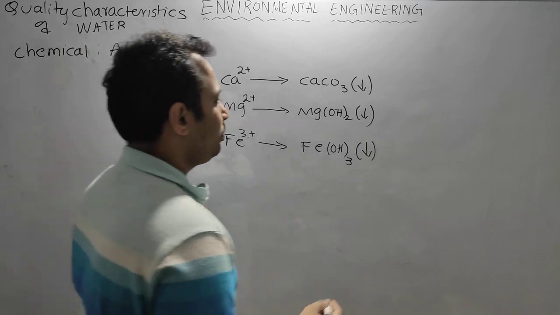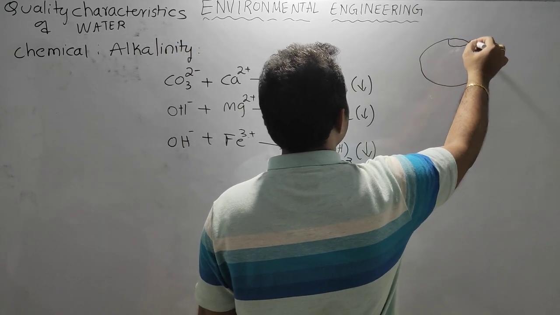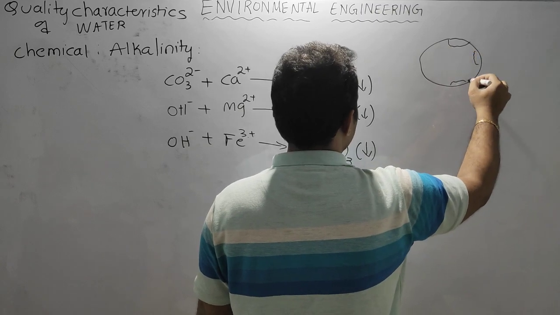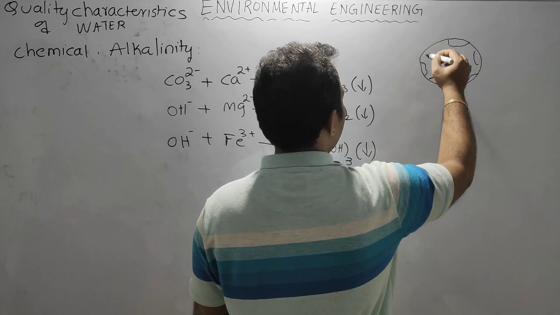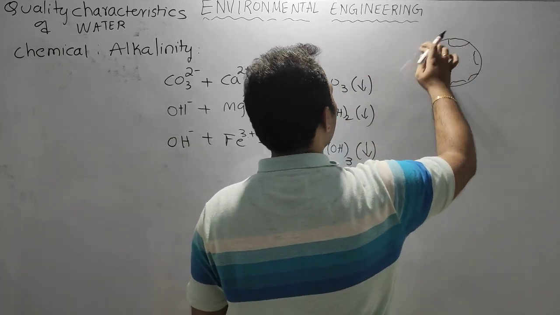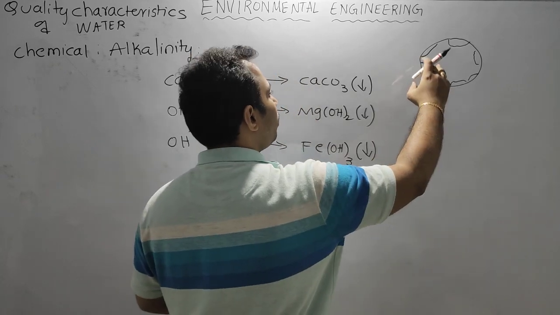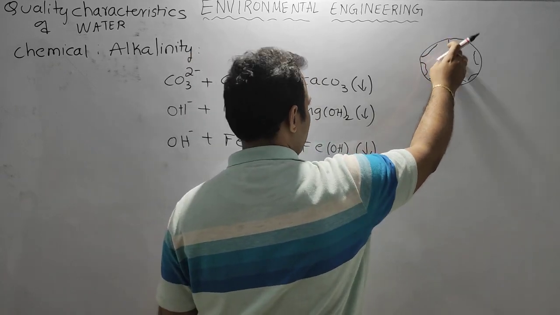These precipitates in a distribution network, if this is a pipe, will form a kind of incrustation, that is scaling, so the aperture will be reduced. The precipitates settle down on the surface of the pipe conduit and reduce the section.